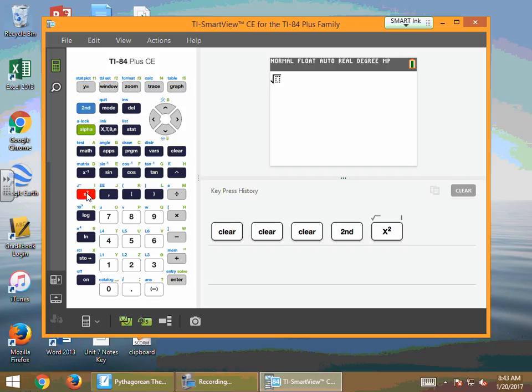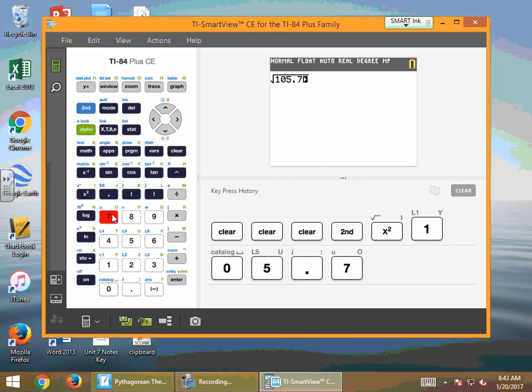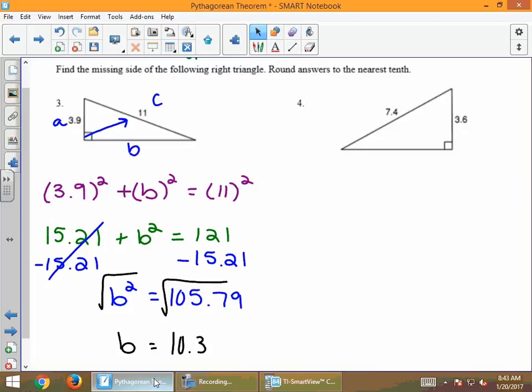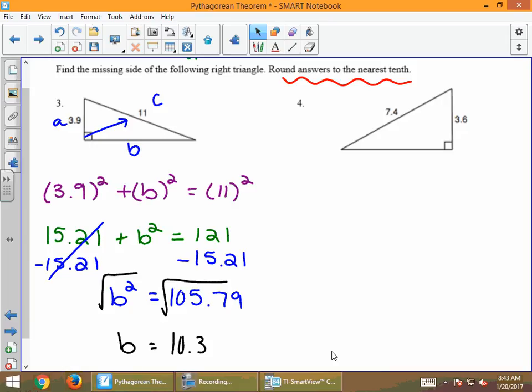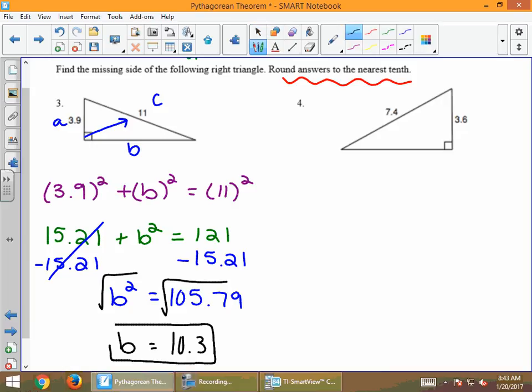And then you're just going to do 105.79 and hit enter. So you can tell that's a big, long, ugly decimal. The directions say round the answer to the nearest tenth. So whenever you're asked to round to the nearest tenth, that's 1 decimal place. Well, if you notice here, it's 10.28, so that 8 would bump that 2 up to a 3. So that's why your answer is 10.3. Nice when we can round, we don't have to worry about simplifying.